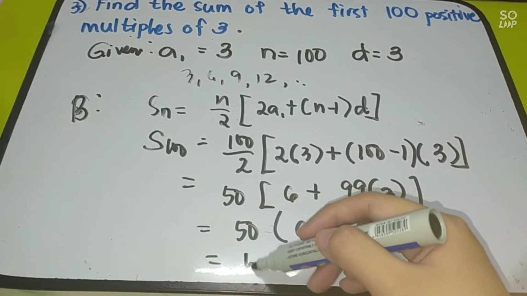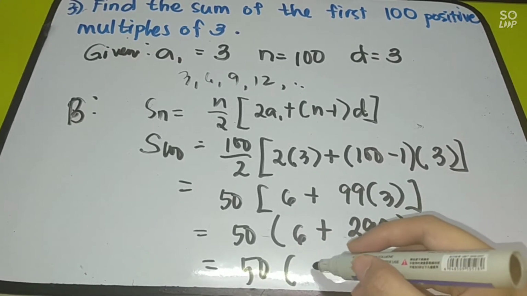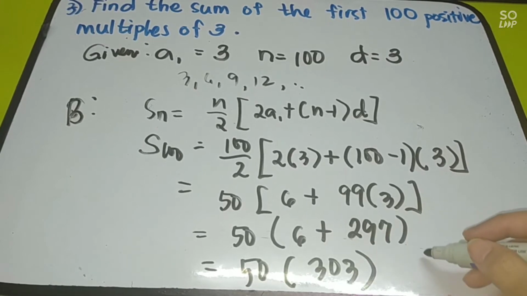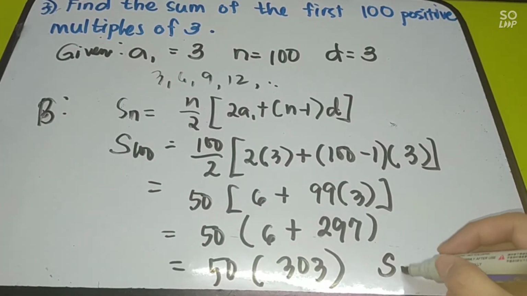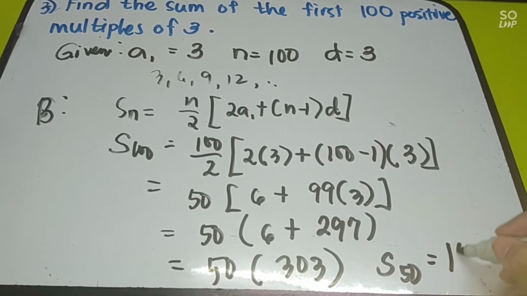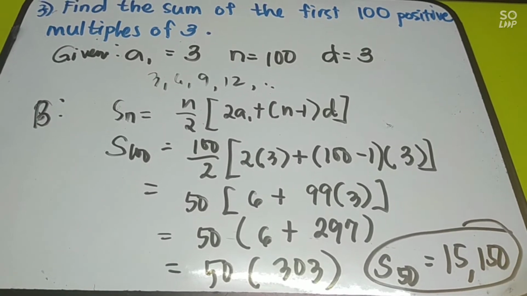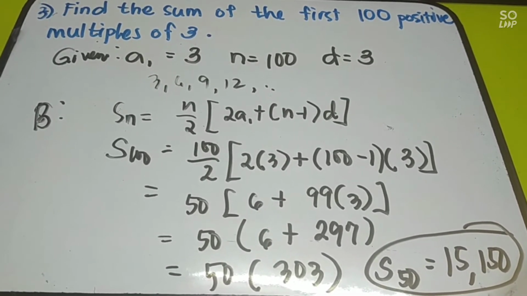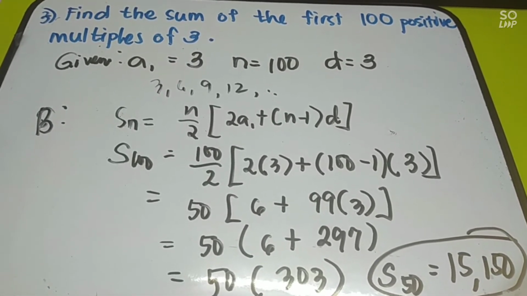So, it is equal to 50 multiplied by 6 plus 297. That is 303. Afterwards, you will multiply 303 to 50. So, we have here S of 100 is equal to 15,150. This is the sum of the first 100 positive multiples of 3. Is it clear? Let's have another one.